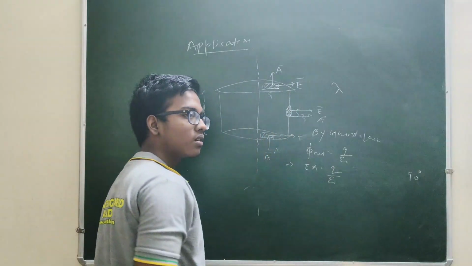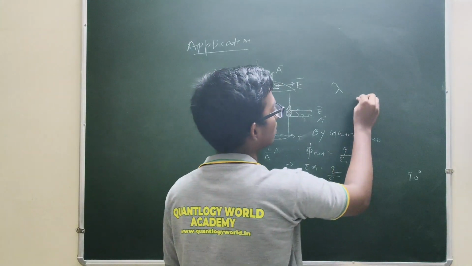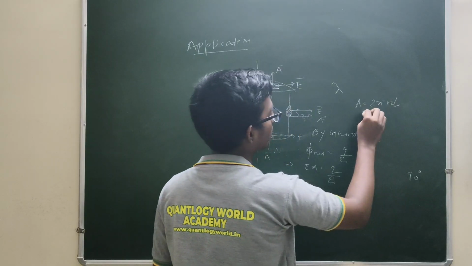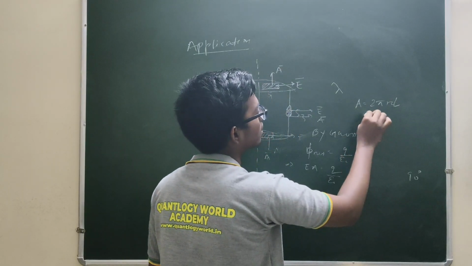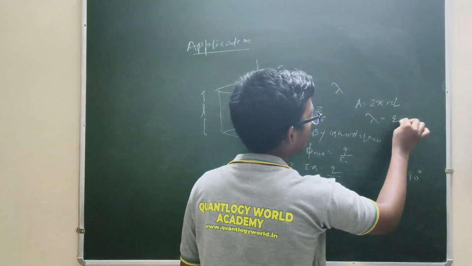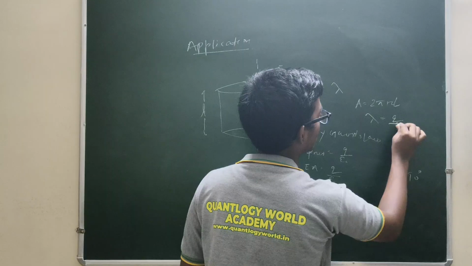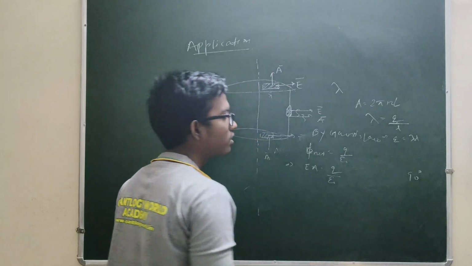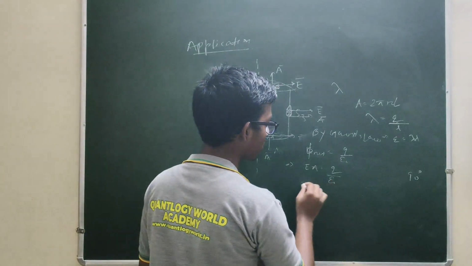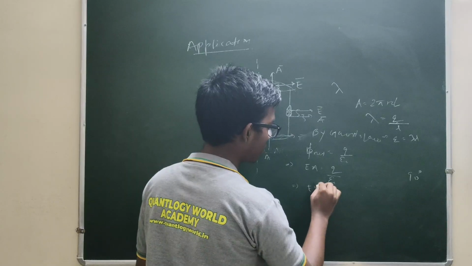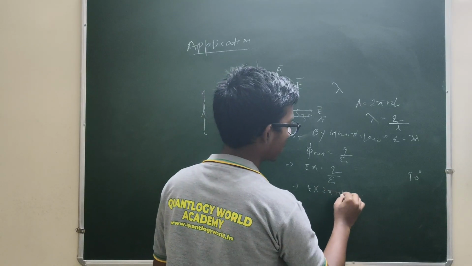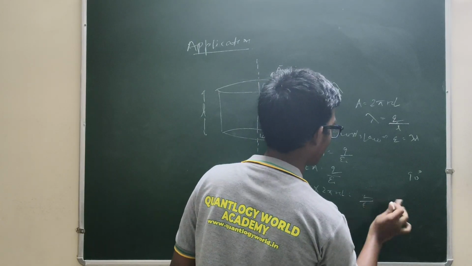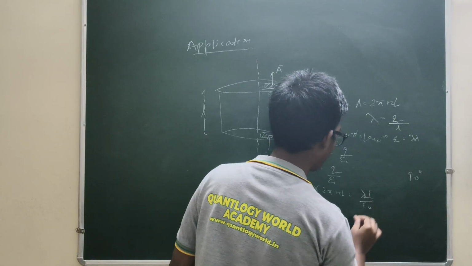Also, we know that the area of the cylinder is 2 pi RL, and linear charge density lambda is equal to Q upon L. So Q equal to lambda L. Now substituting these values in this equation, we get E into 2 pi RL equal to Q by epsilon naught equal to lambda L by epsilon naught.